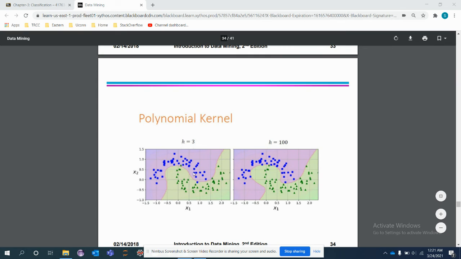For h equals 3, that is, a degree of 3 for this polynomial kernel, some of the blue points are merging over to the green side, which is not correct. But if you increase the degree of the polynomial kernel, those blue points will be correctly classified in the blue region here. So even if you change the degree of the polynomial, the classification changes to a certain extent.